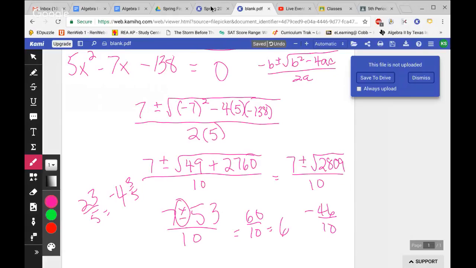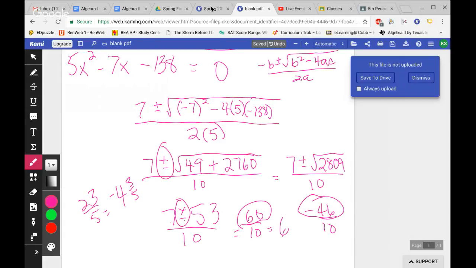So what you have to do is 7 plus 53, which gives me 60, and 7 minus 53, which gives me negative 46. Oh, okay. That whole plus-minus thing right here is where you get the two answers. So you're taking the opposite of B and adding the square root part, and you're taking the opposite of B and subtracting the square root part.